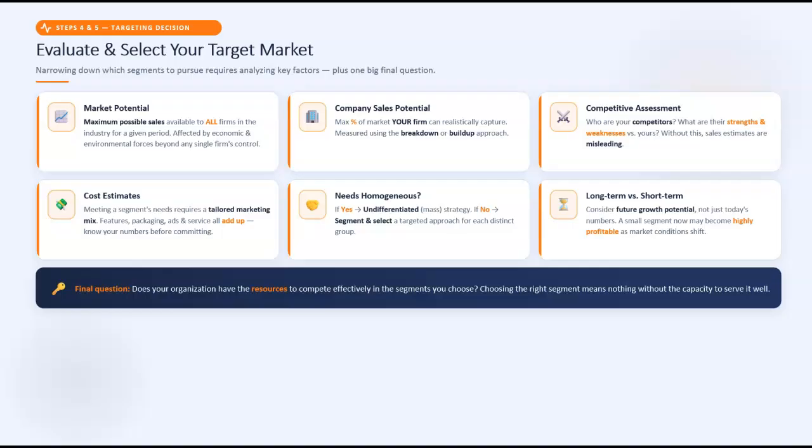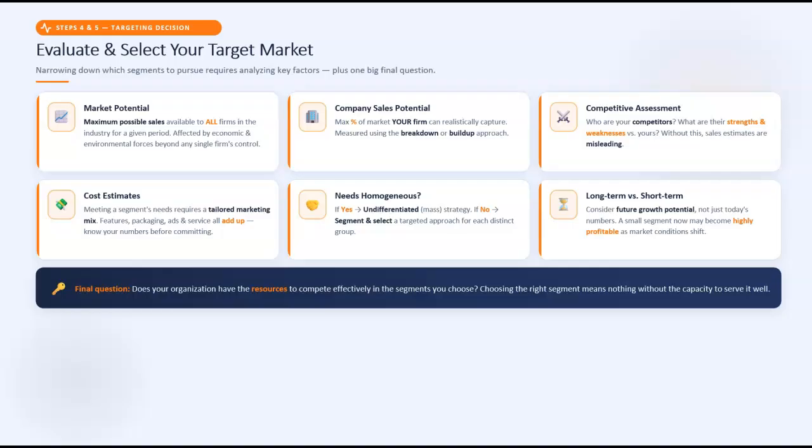How many segments are you going to be able to capture? How many people are you going to reach? Competitive assessment: who are your competitors? This is similar to the SWOT analysis, but now you're looking at how your competitors could be your strengths or your weaknesses. Cost estimates.